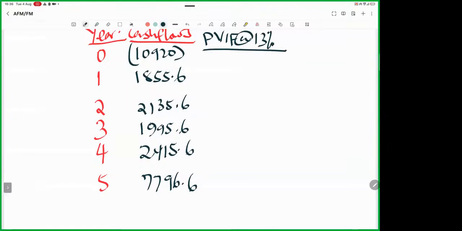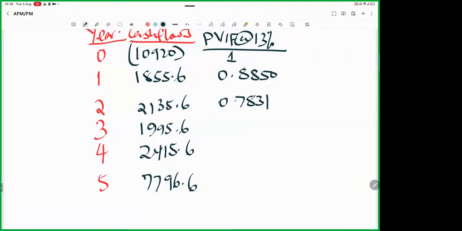That's a bit important. So you have those factors from your tables. Time 0, the factor is always 1. So 13% end of year 1. Somebody give me this figure. 8850. Thank you so much. End of year 2, what do we have here? 7831.